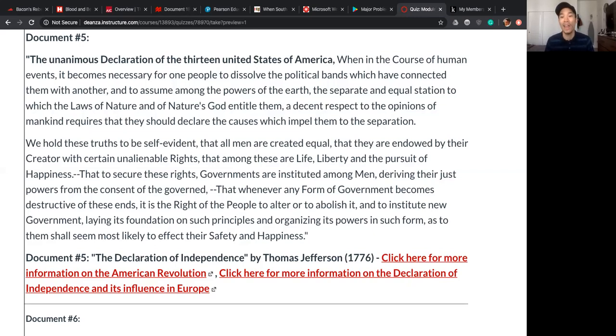And those other factors lie with economics. So for example, would the Americans have declared independence if England never forced the Stamp Act, the Tea Act, the Sugar Act, the Townshend Duties upon their colonists?